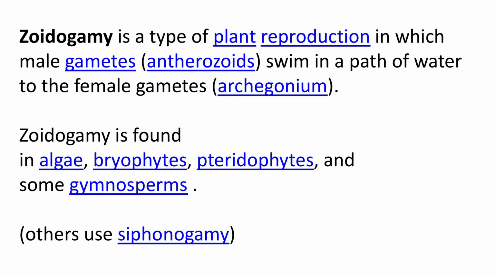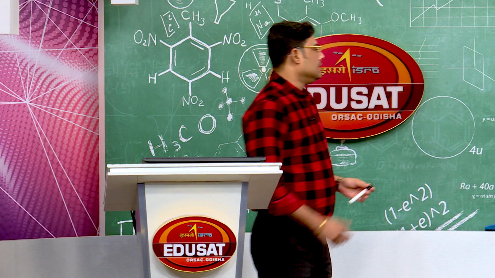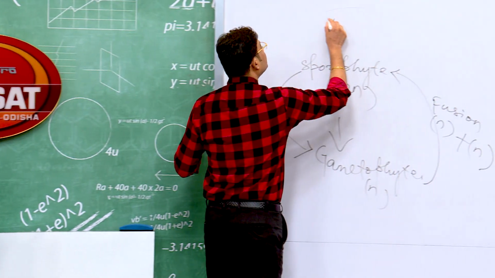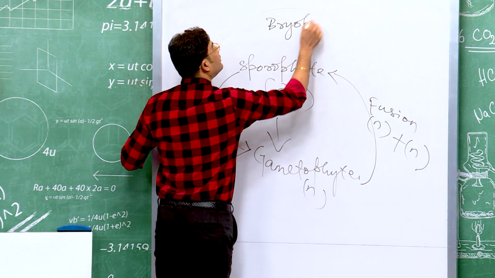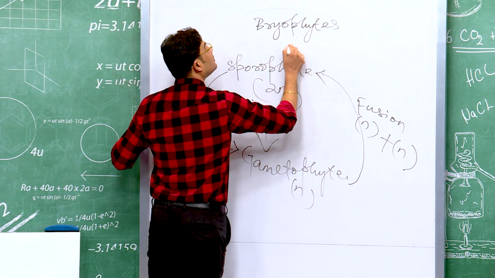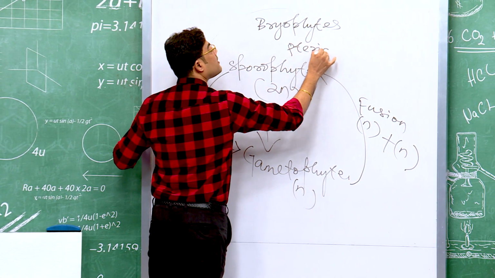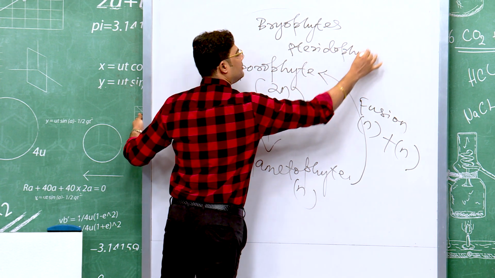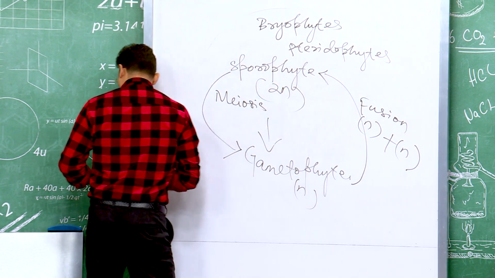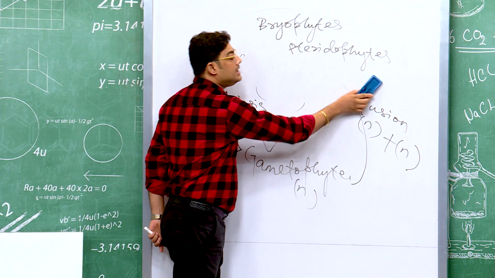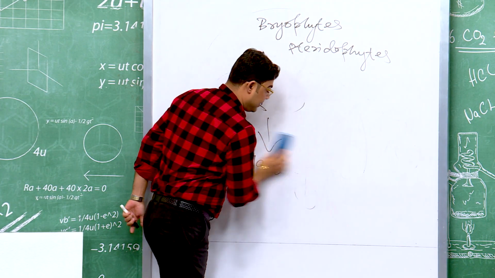Now, you see a term zoidogamy. The lower plants are the zoidogamous plants: the bryophytes, the pteridophytes, and part of gymnosperms also. These plants are zoidogamous plants.